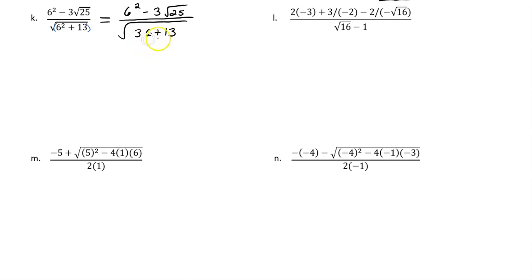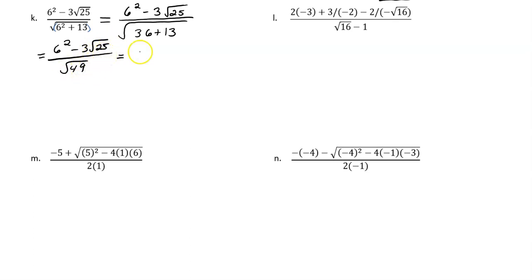All right, so my denominator, I now have the square root of 36 plus 13. Again, this is like parentheses, so I'm simplifying that denominator first, the inside of the square root of the denominator. And we have 36 plus 13, which gives me 49. And now I can simplify my roots here.